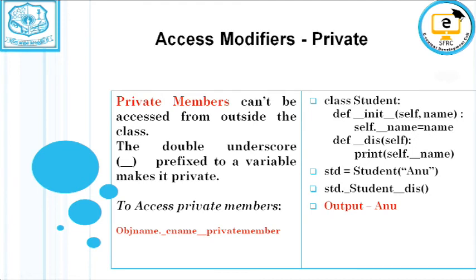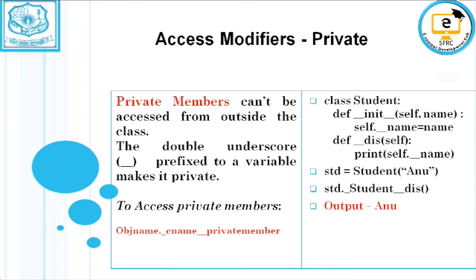Next one is private members. Private members can't be accessed from outside the class. Preventing access from outside is provided by the double underscore. Each and every variable or method has to be preceded by double underscore.